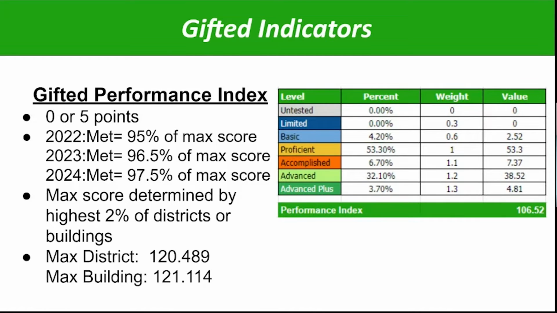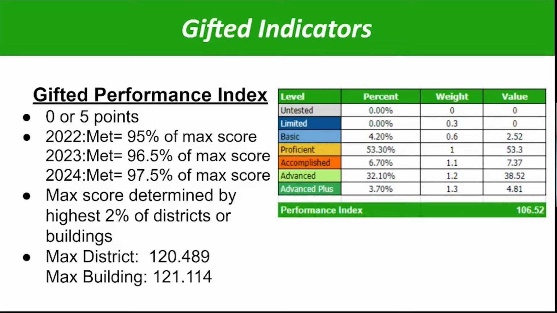Now, the other change that they made here is the max score used to always be 120. And the way they came up with that is you could get, if 100% of your students scored advanced on the test, that would give you a performance index of 120. So they used to use that as the max score.